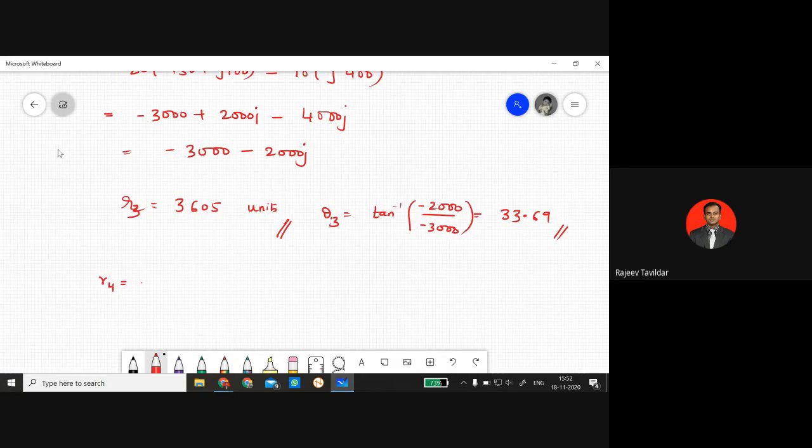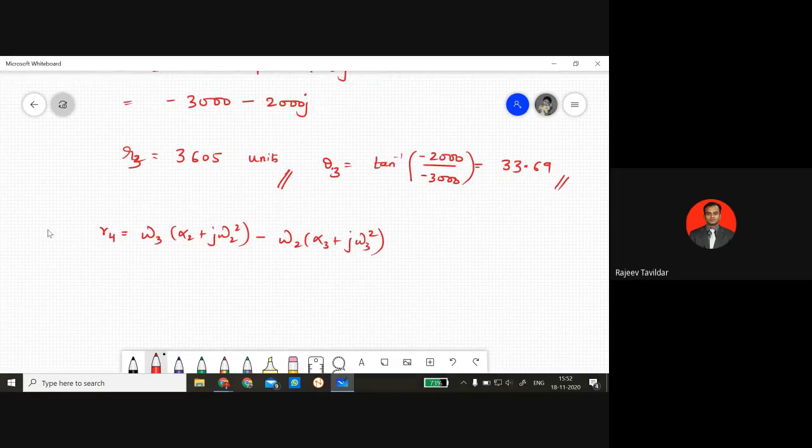R4 will be omega 3 alpha 2 plus j into omega 2 square minus omega 2 alpha 3 plus j into omega 3 square. So omega 3 is 8, alpha 2 is 0.